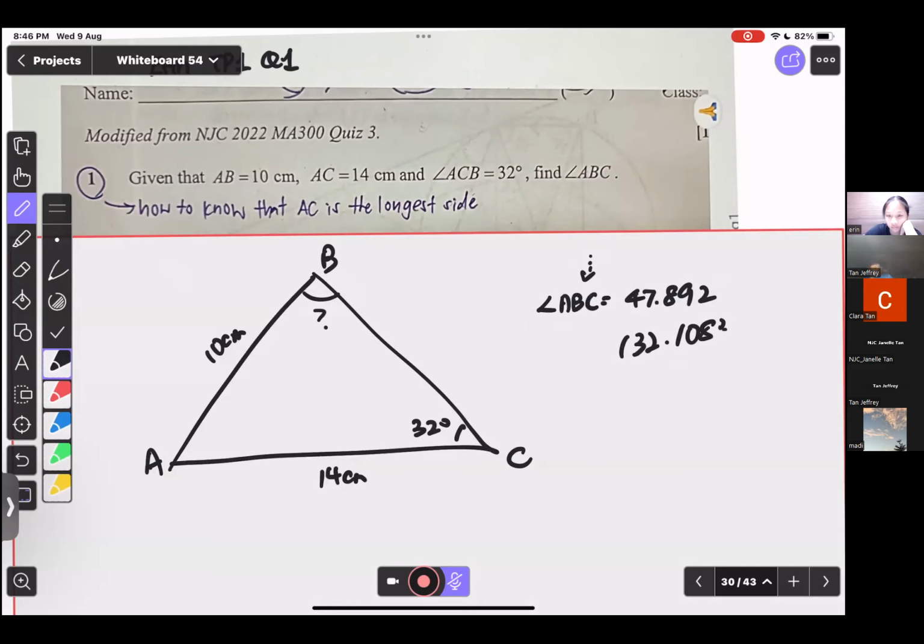If angle ABC is 47.892, then BAC could be equal to 100.108, or it could be equal to 15.892.